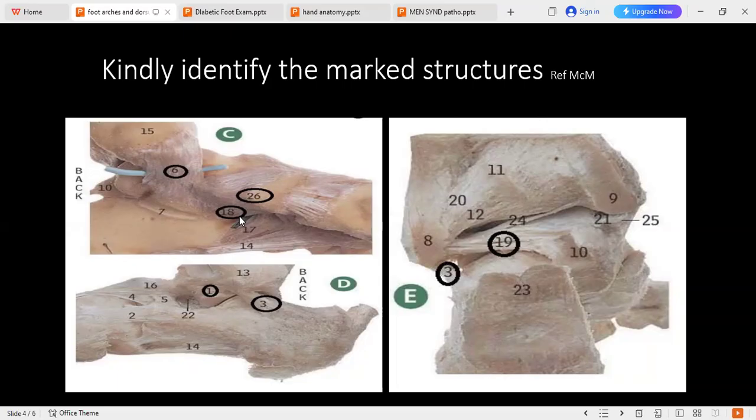Sorry, 17 is spring, and 18 is short ligament. No, 18 is spring. Okay, sorry. 18 was correct, in the bracket it's spring. The 17 is short plantar.